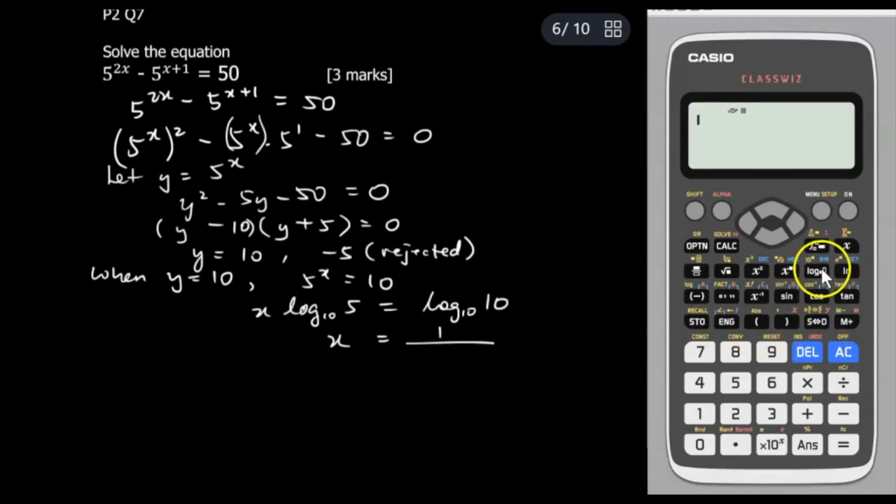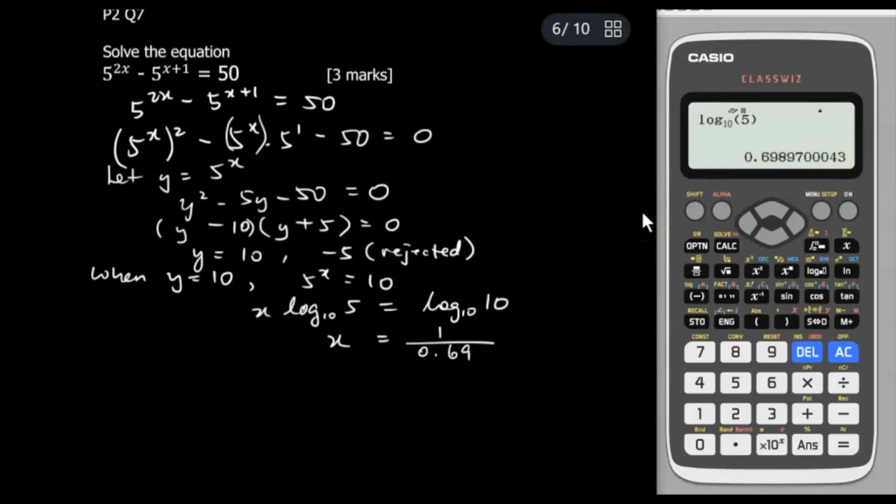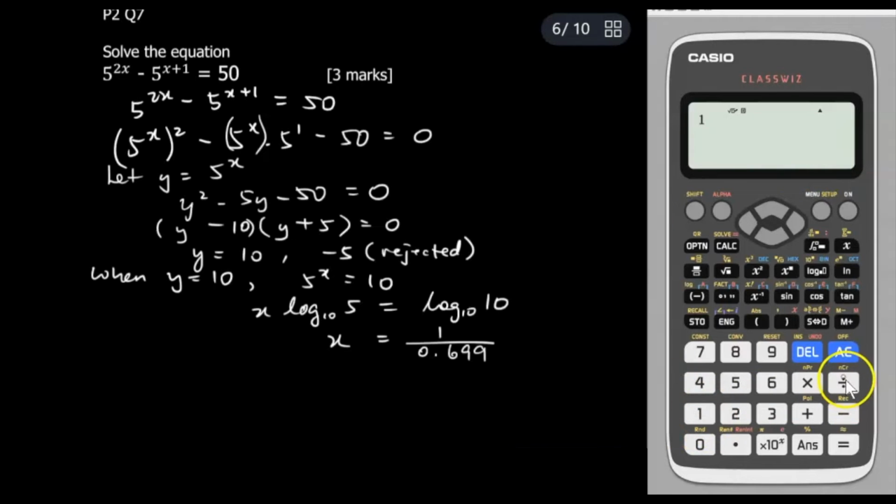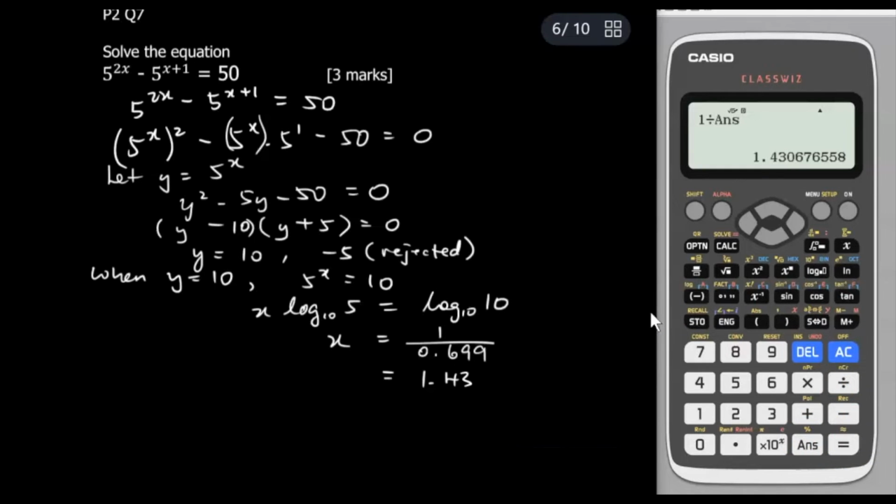Press the calculator, log base 10 of 5, equals 0.699. We round up, so 0.699. So 1 divided by the answer, we get 1.431. So 1.431 is the answer.